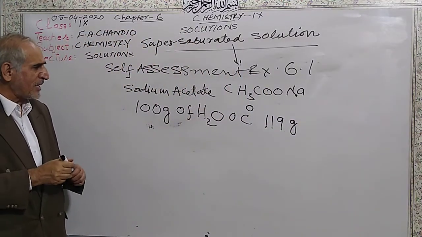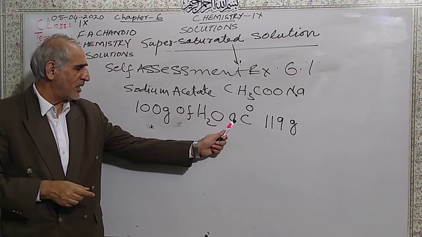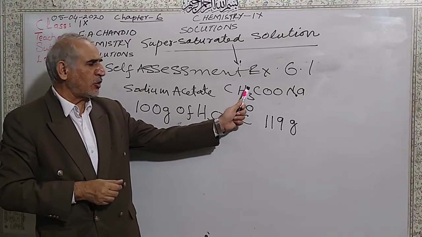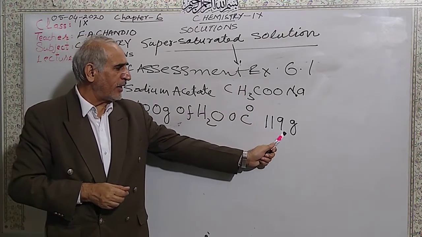So at 0 degrees Celsius, in 100 grams of water, the sodium acetate dissolves 119 grams.